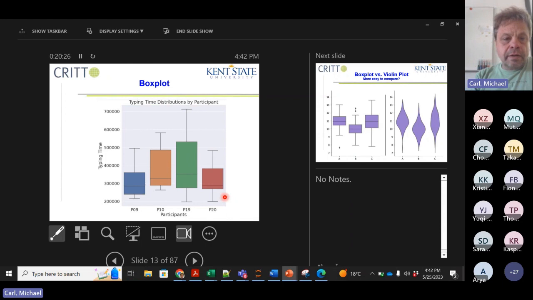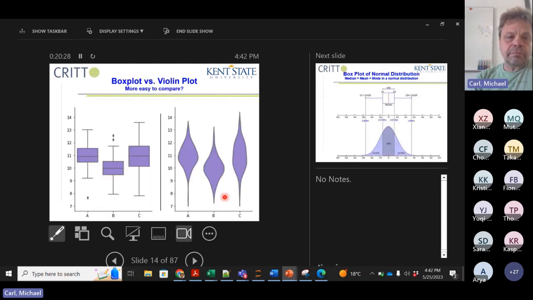Then there are similar plots, called violin plots, where some say you can better see what the data looks like.